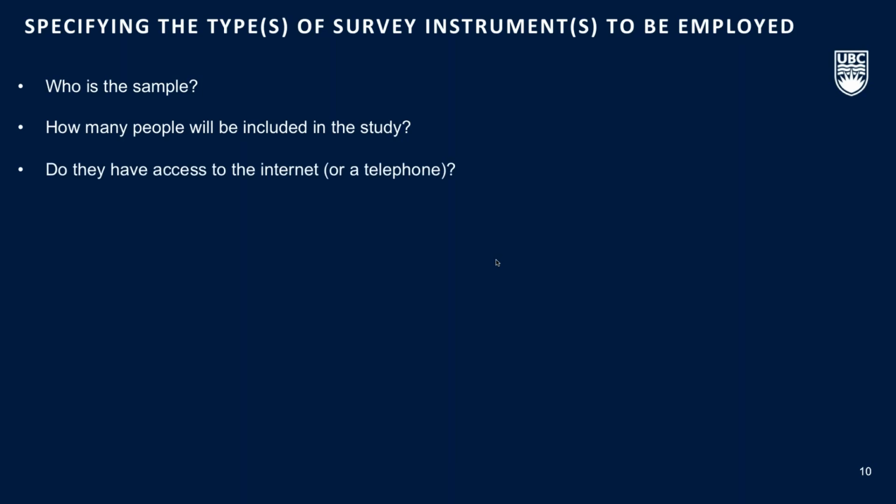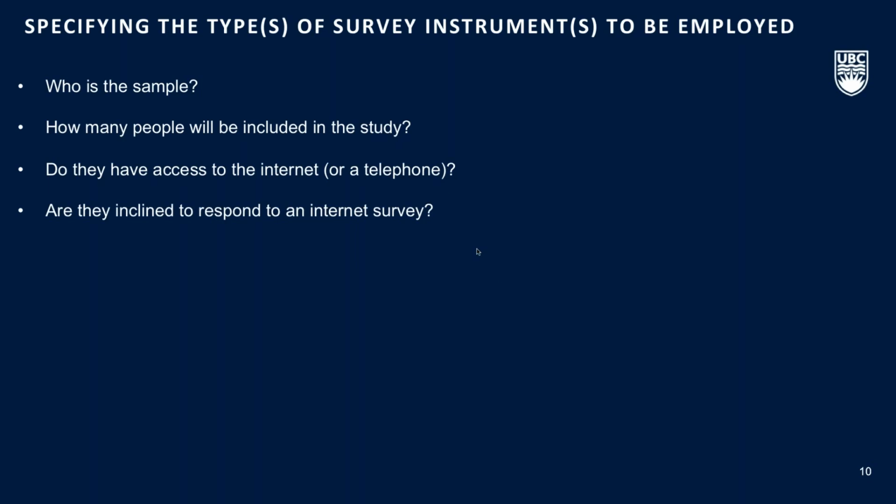Do your potential respondents have access to the internet, or perhaps you're going to do a telephone survey? So do they have a telephone? And telephone surveys are complicated now because numbers aren't so readily available. Are they inclined to respond to an internet survey? I think this is a really big question for surveys at institutions these days.